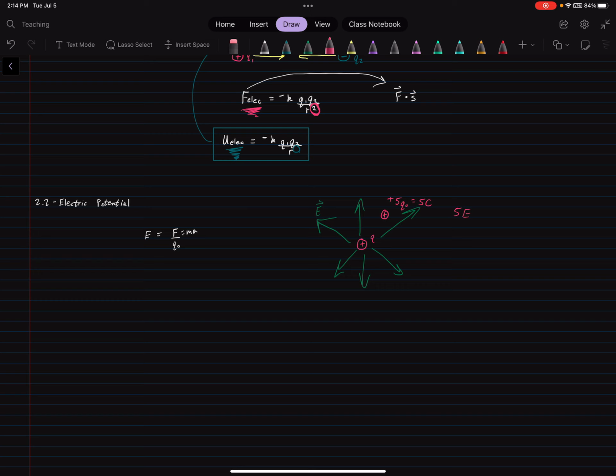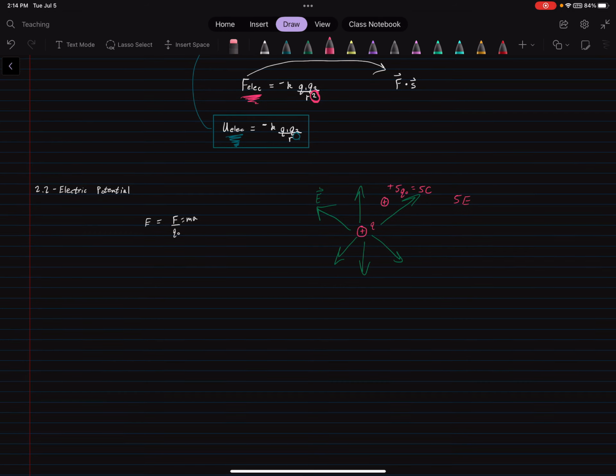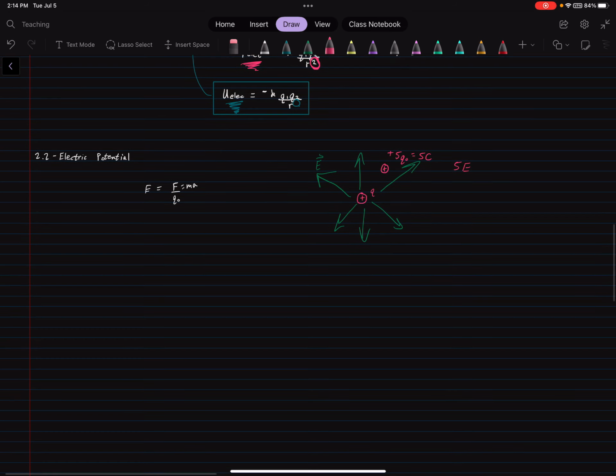So this type of thinking lends itself nicely to potential energy as well. As we just learned, the potential energy of a positively charged particle, plus Q1, in the presence of another positively charged particle, plus Q2, is given by what we wrote before, but this time both are positive.